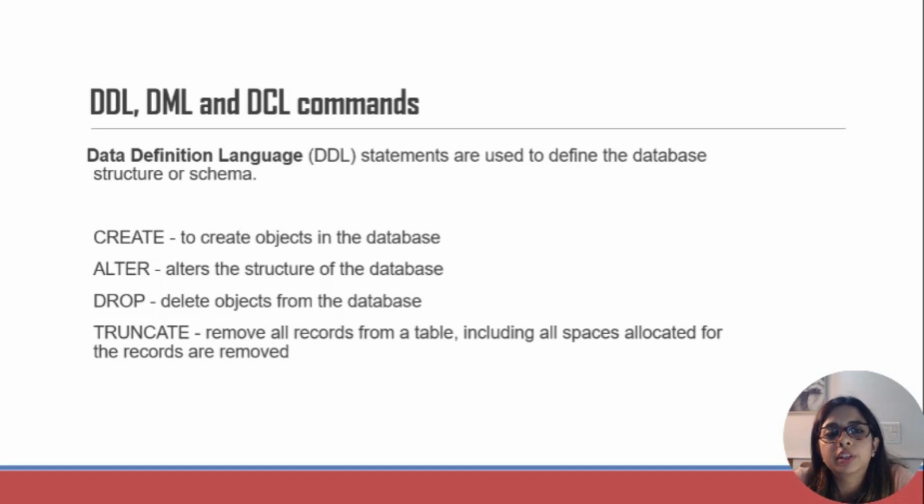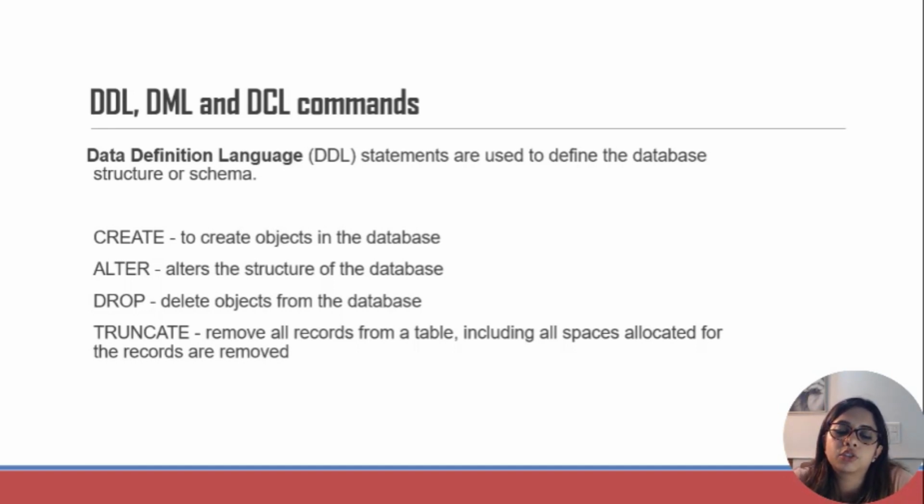Now we'll learn the difference between drop and truncate, but for now just understand that truncate is removing all the records of the table, whereas alter is adding, and drop is removing the column, removing the table also, but the space which is assigned still remains.